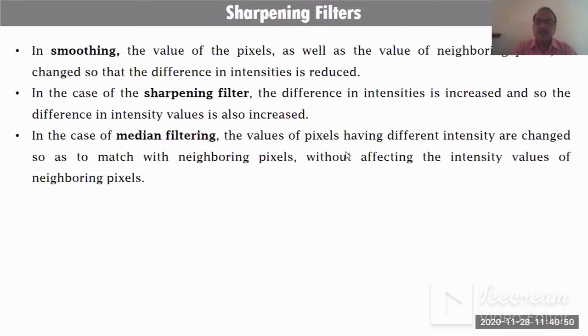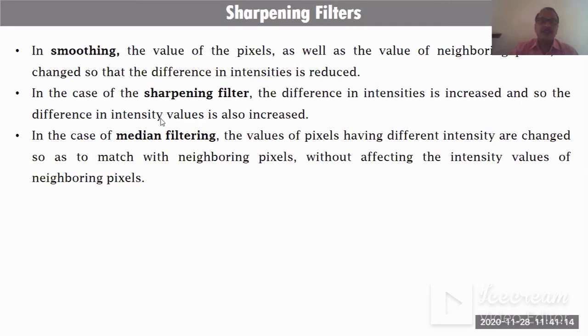In smoothing, the value of the pixel as well as the value of the neighboring pixels is changed so that the difference in intensity is reduced. In the case of a sharpening filter, the difference in intensity is increased.